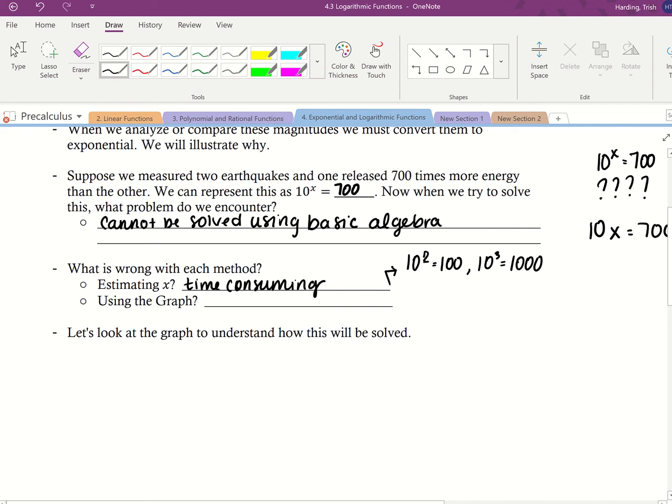Now, we could use a graph, but as everyone knows, a graph is imprecise. What that means is that if we're using a graph, the values won't be exact because we have to estimate based off of what the graph looks like.